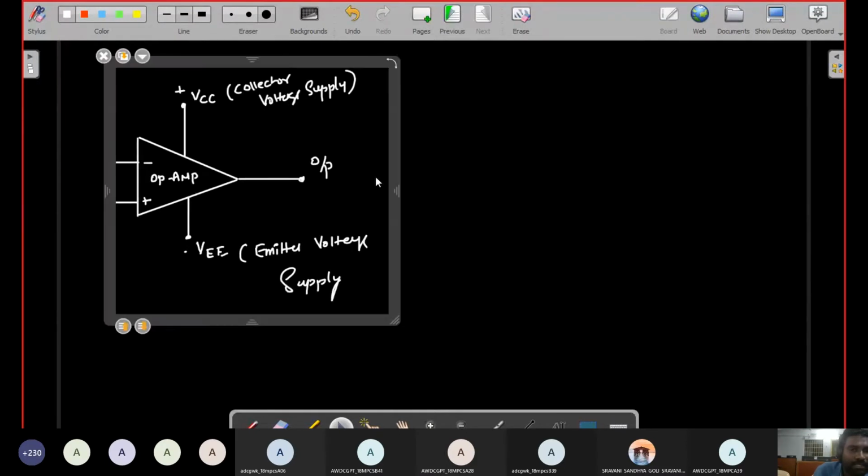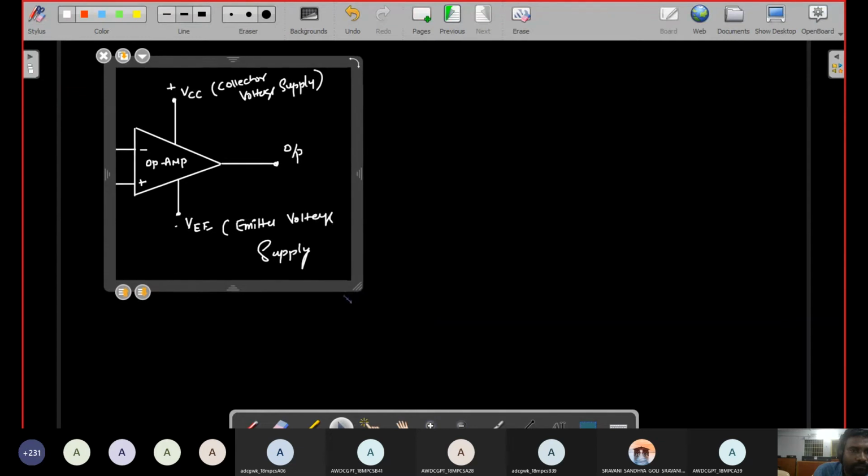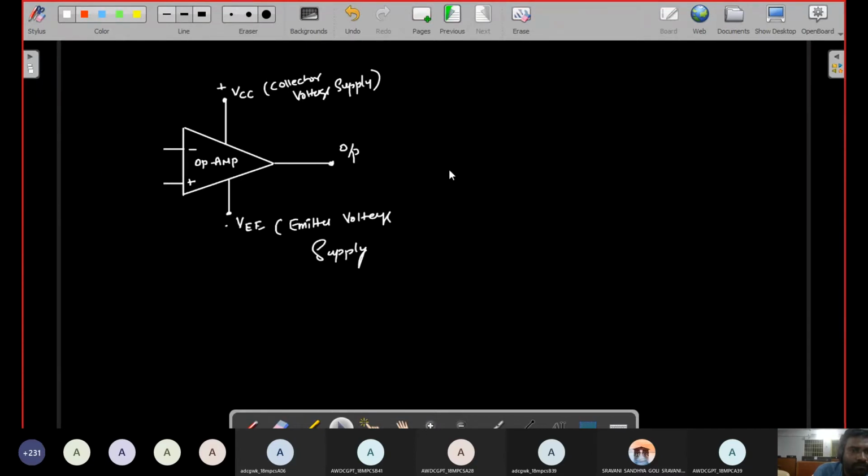Right. So once again, I consider this diagram. I take the logic symbol of operational amplifier, but now I talk about the inverting operational amplifier.